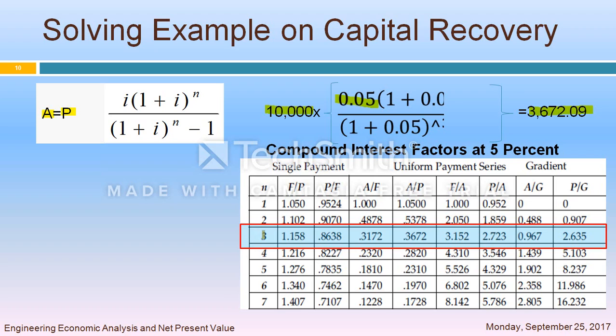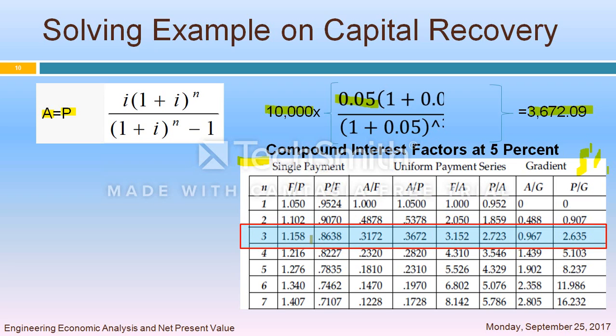First of all, you have to find the correct table. This table is for the 5% interest rate. It's not shown in this screenshot, but this is for the 5% interest rate. So we have to open the table for 5%. Then we have to go to the row N, which is 3.